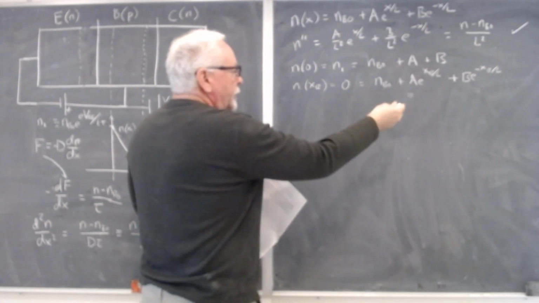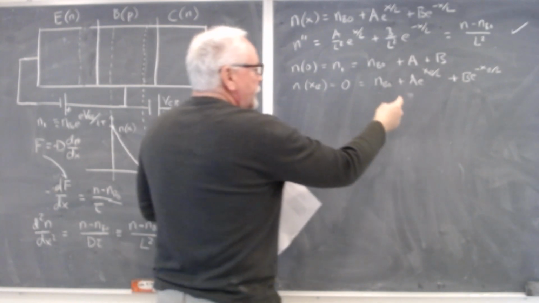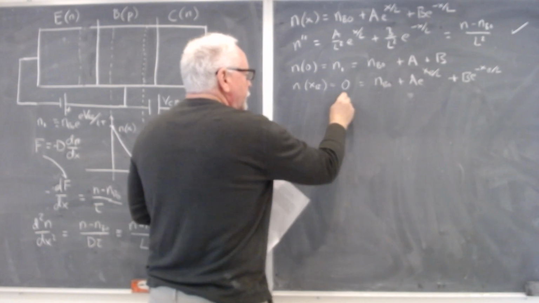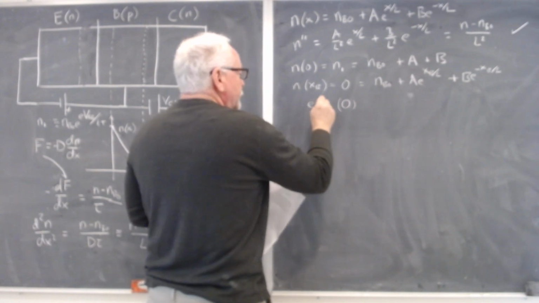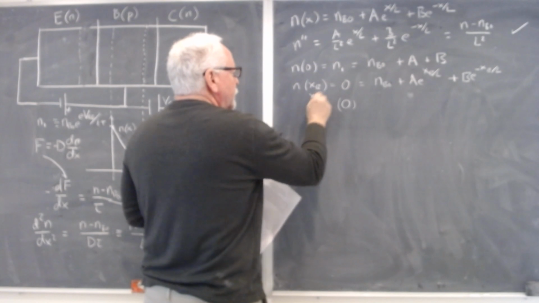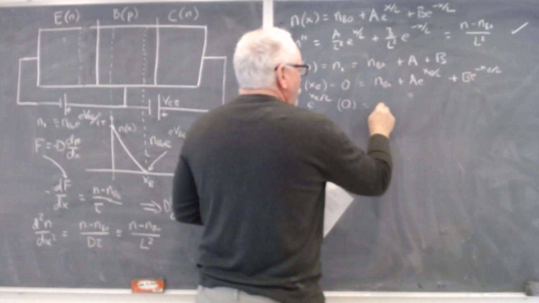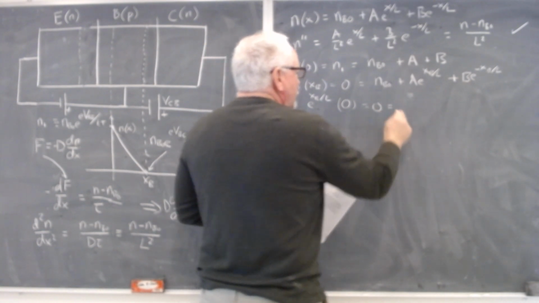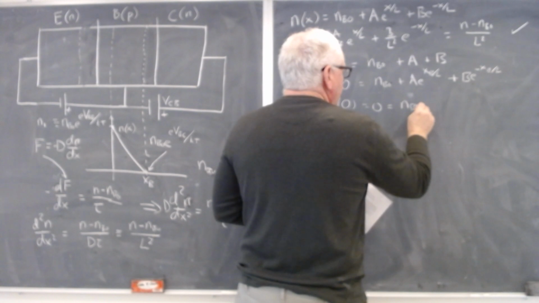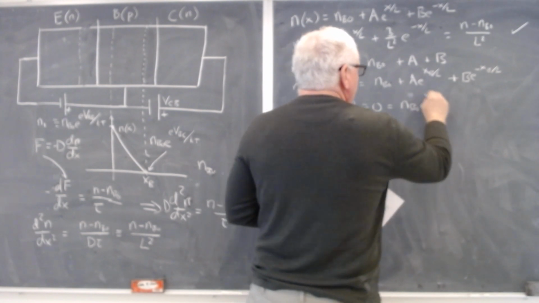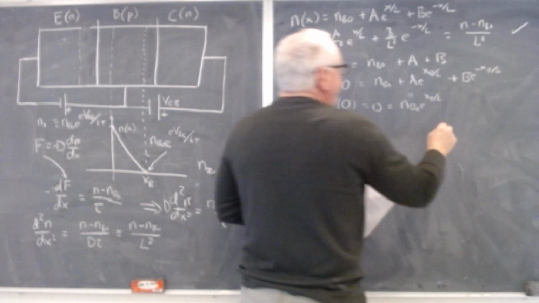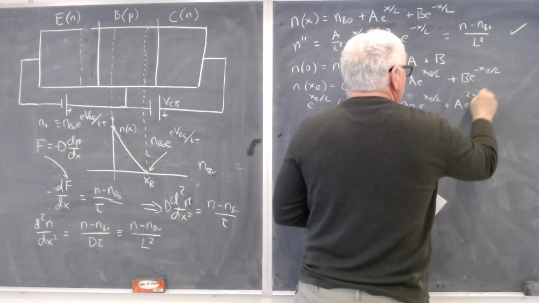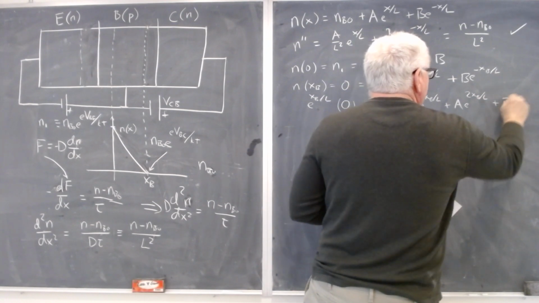The way I usually do something like this is that I multiply one of the equations, 0 times e to the xb over L, and I multiply e to the xb over L by both sides. So that's 0, of course, and so this is nb0 e to the xb over L plus A e to the 2 xb over L plus B.